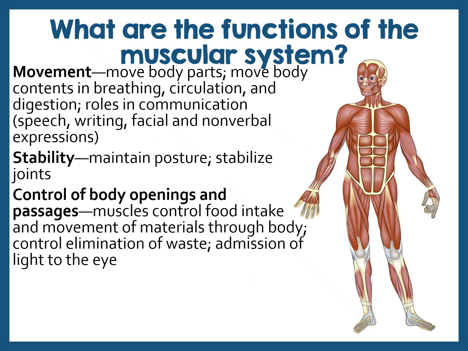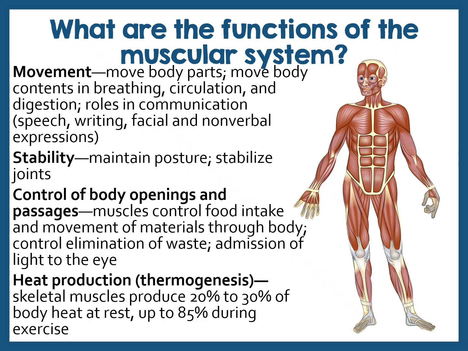When it comes to the functions of the muscular system, that's usually where we like to start. We have movement. The muscle will move parts of your body, pulling on the bones like levers. There are also attachments to the skin, so it provides a lot of facial expressions.